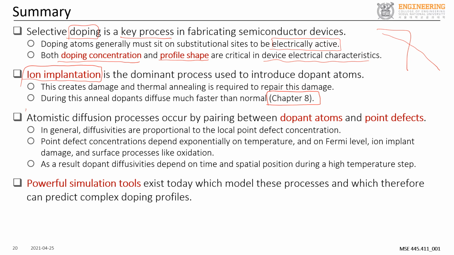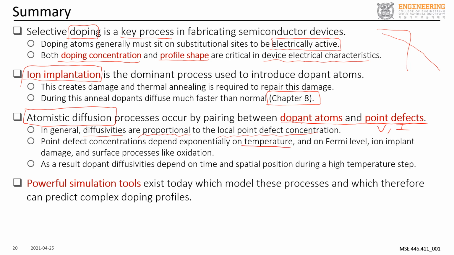And when you want to understand this atomistic diffusion, you need to understand the interaction between the dopant atoms and vacancies and interstitials. So diffusivities are generally proportional to defect concentration, which we have seen in the model.